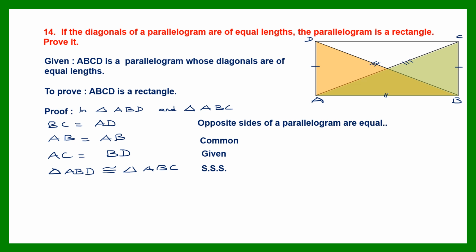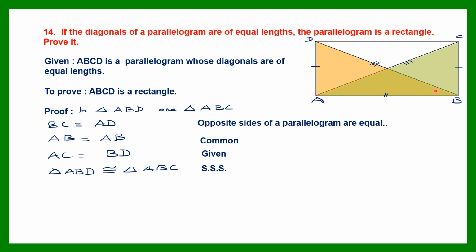Since these are congruent triangles, we can now look at the angles. If you see angle A here and angle B, we can consider them to be equal because corresponding parts of congruent triangles are equal.